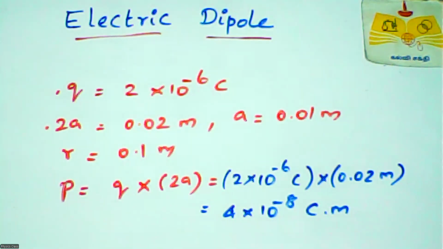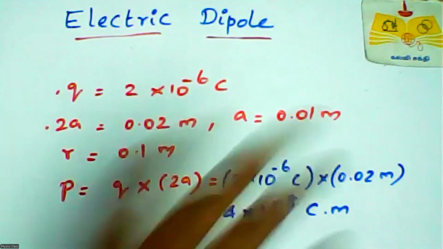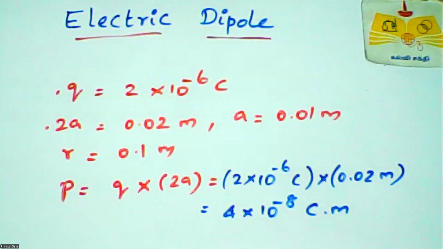So this is the dipole moment. To find the electric field on the axial line or equatorial plane, we should have the value of the dipole moment. That's why we calculate it first, then we move to the expression for the axial line and equatorial line.